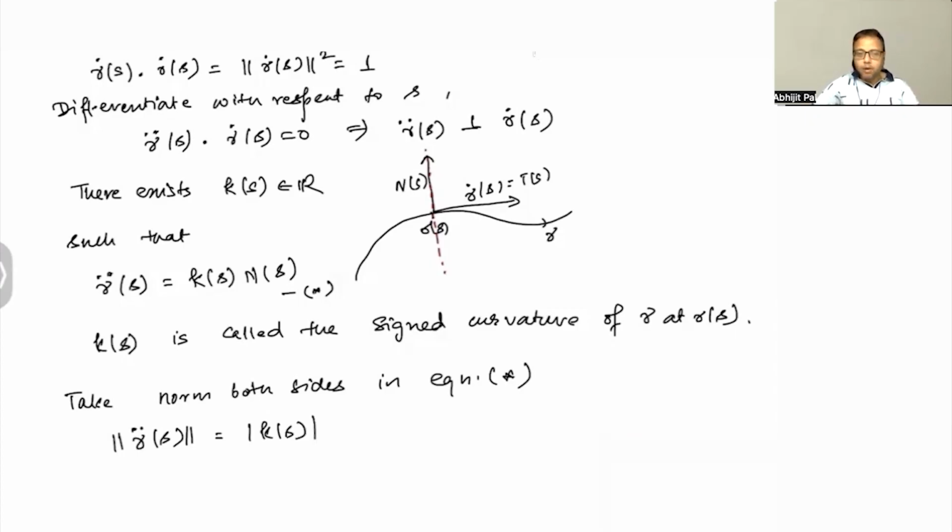Okay. So the norm of gamma double dot s gives you the curvature of gamma at gamma(s). Therefore, if I take the modulus of the signed curvature, we get the curvature of gamma at gamma(s). Okay. So now we got the signed curvature of gamma at gamma(s). Now let us try to find out the explicit formula to find the signed curvature of a curve.